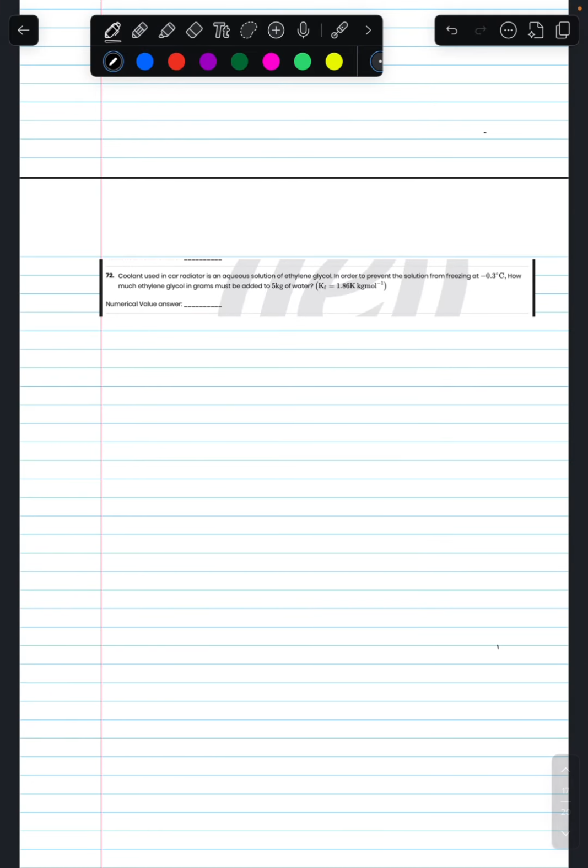Question number 72. The coolant used in a car radiator is an aqueous solution of ethylene glycol. In order to prevent the solution from freezing at minus 0.3 degrees Celsius, how much ethylene glycol in gram must be added to 5 kg of water? As we know, delta TF is equal to i into KF into molality. Pure water freezes at 0 degrees Celsius, so 0.3 is equal to i, which is 1 for ethylene glycol as a non-electrolyte, times Kf 1.86 times molality, given moles upon weight of solvent.